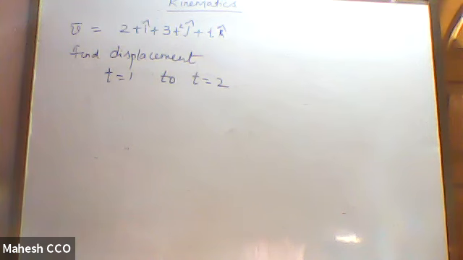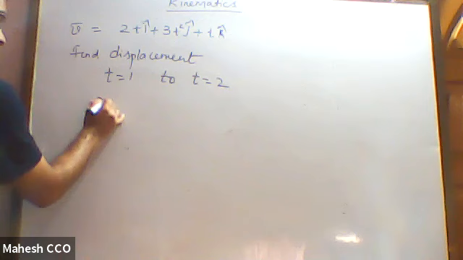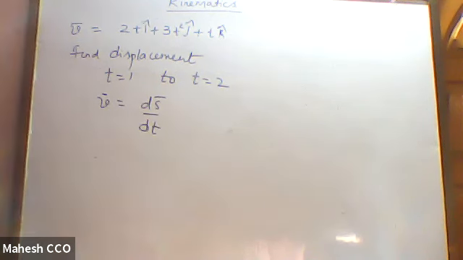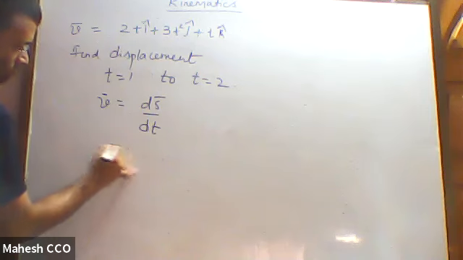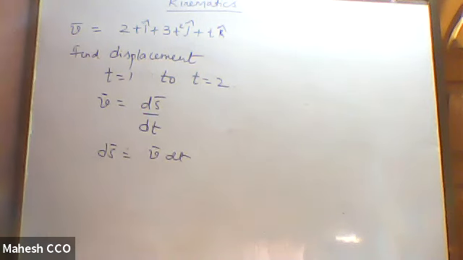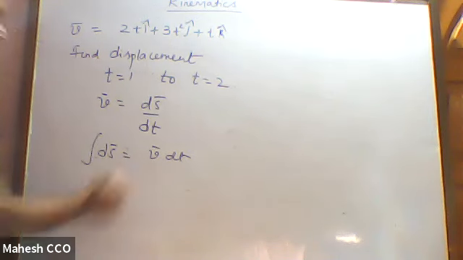Now, if you want the displacement, we have to use the fact that v bar is equal to ds bar by dt. So ds bar is equal to v bar dt. Total displacement is integral ds bar, so integral v dt between t equal to 1 to t equal to 2.